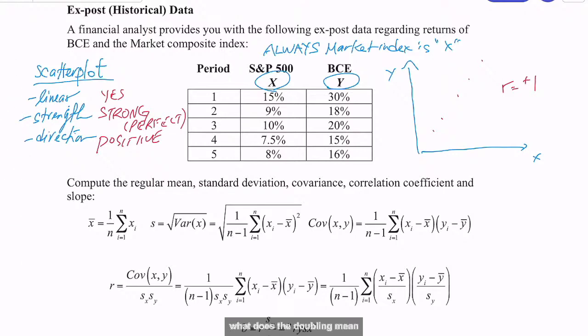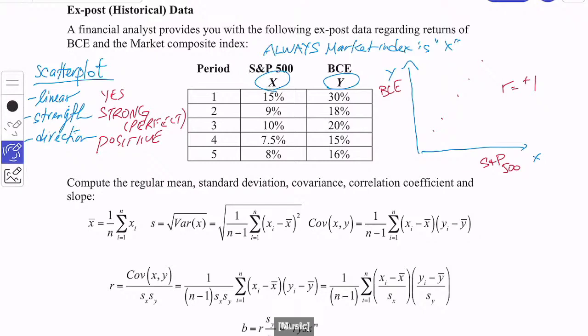What does the doubling mean? What is the doubling?